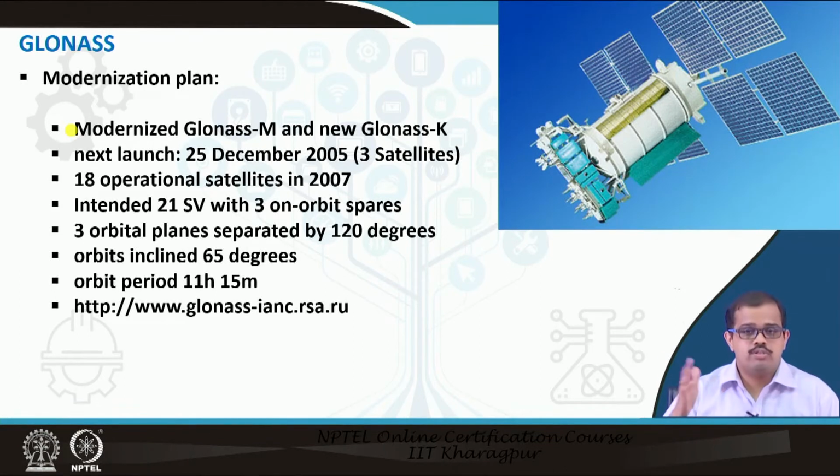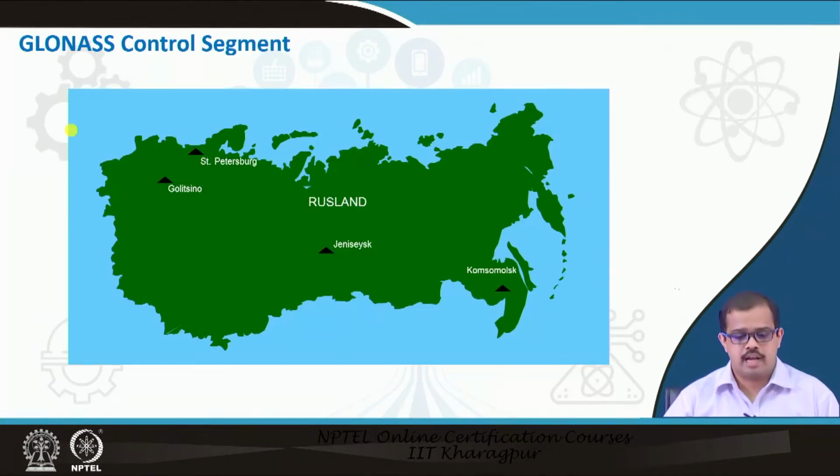Most of these satellites are inclined at 65 degrees to the equator, and the orbital period is 11 hours 15 minutes. This system is intended to be operational worldwide. Because there are now only 14 satellites, you can find very limited navigation capabilities. But maybe by 2020-25, it will have the entire constellation with the modernization that is happening.